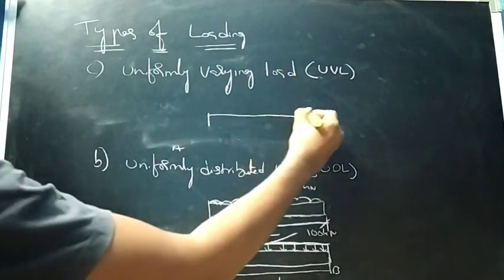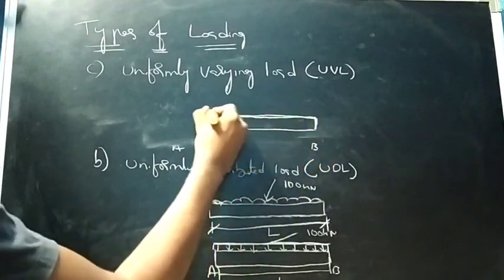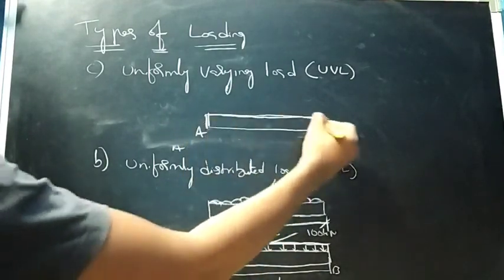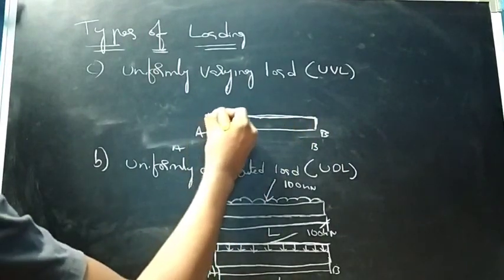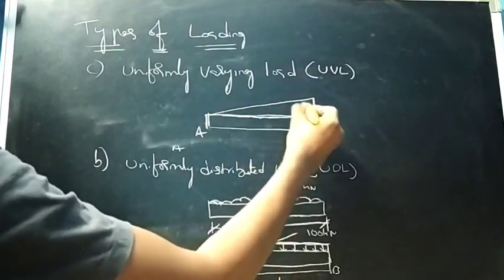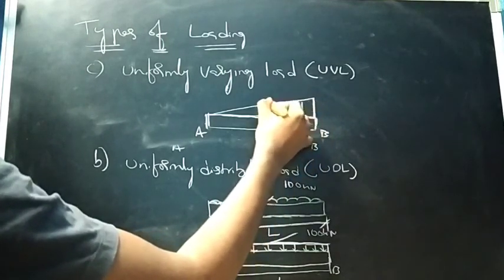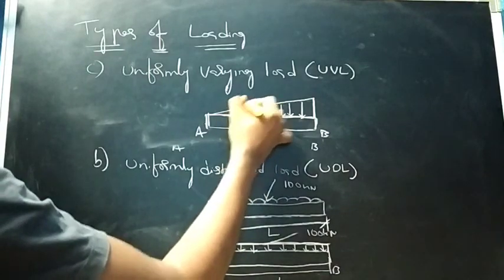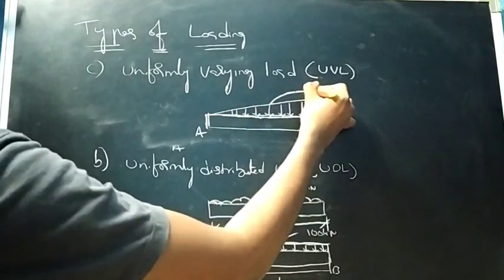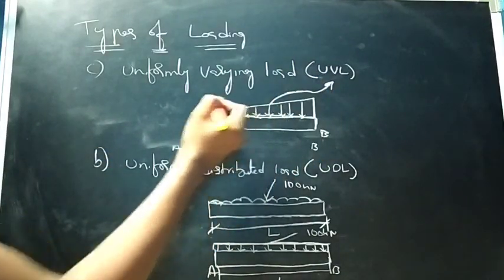Let us take a beam and apply uniformly varying load. Let's say span AB. So it will vary at all the points throughout the length. So this load is nothing but uniformly varying load, right?